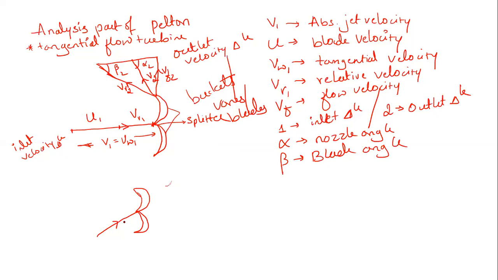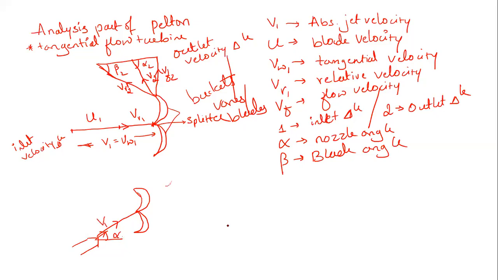Let us say this jet is coming out from a nozzle. The nozzle is at an angle of alpha. This is called the nozzle angle, which I have written here. That is the angle alpha at which it is inletting the jet. The jet is going through the nozzle angle alpha. So this is V1.